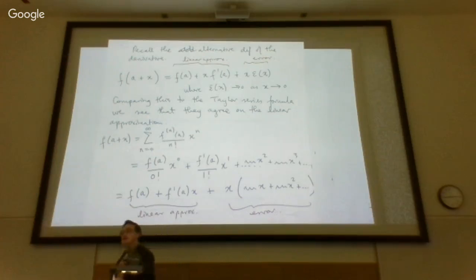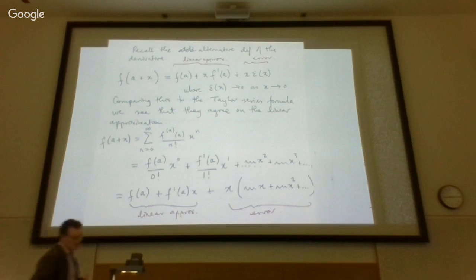The error term does have that property that it consists of x times another function of x. The error term is x times that other bracket, which has x squared in it. That other bracket has the property that it converges to 0 as x converges to 0, because everything in it is at least x to the power 1: x, or x squared, x cubed, etc.